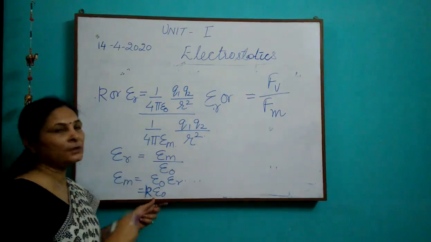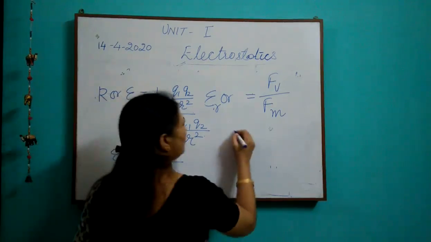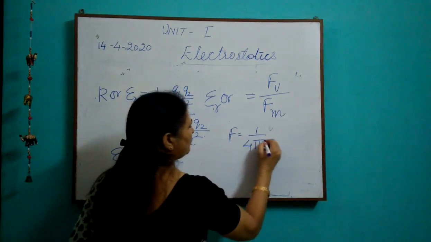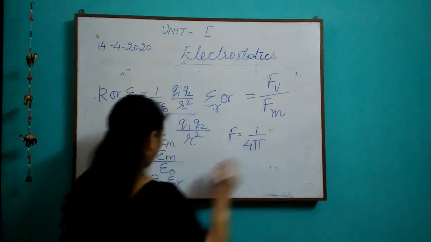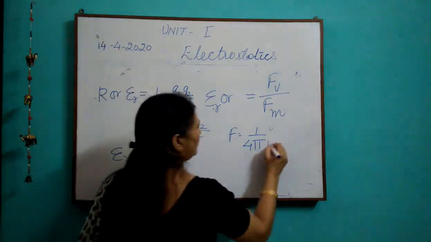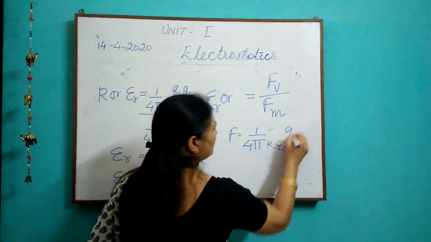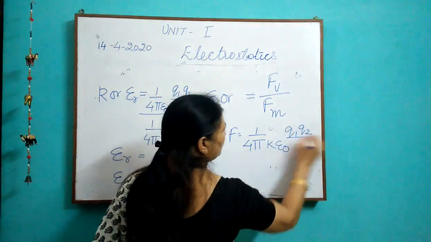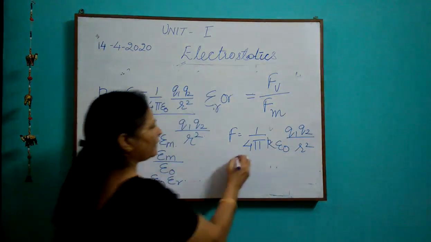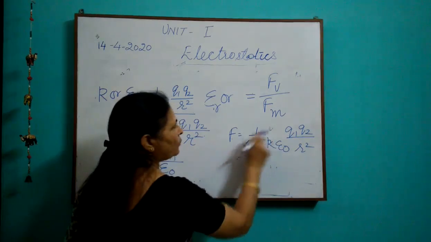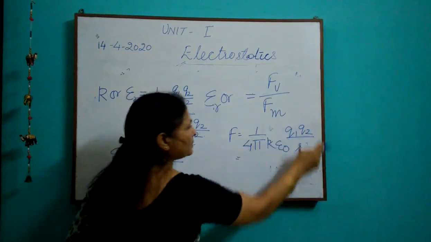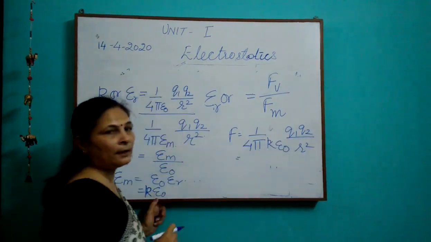So how will it change the expression of Coulomb's law? F is equal to 1 by 4 pi, if the medium is different, then k epsilon naught Q1 Q2 upon R square. That means your force will now become 1 by k times the original value.